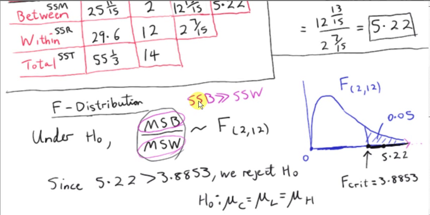So if the group means are far apart, then sum of squares between will be high. So if that's high, then MSB will be high. If there's very little variation within each group, then SSW will be low, and so will MSW. So if the numerator is high and the denominator is small, then the F value will be high. We need a high F value to reject the null hypothesis.